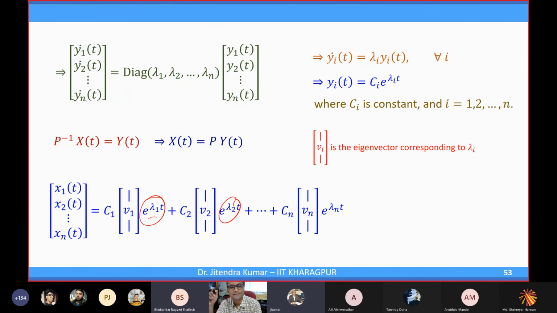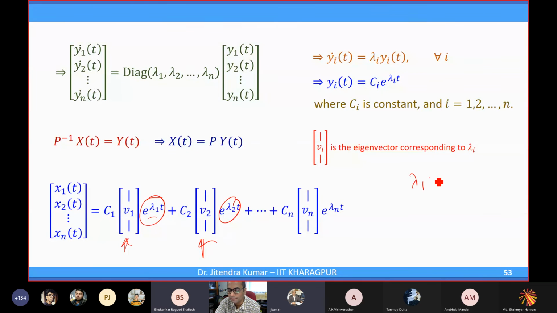Sir, if it is non-diagonalizable, then we will get at least two same eigenvectors, no? Yes, that is what I am saying: your V1 and V2 will be the same. Let's say lambda 1 and lambda 2 are the same, and corresponding to that you got only one eigenvector. Then the matrix is not diagonalizable.